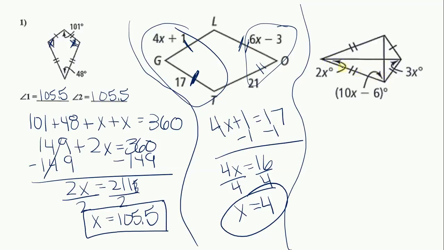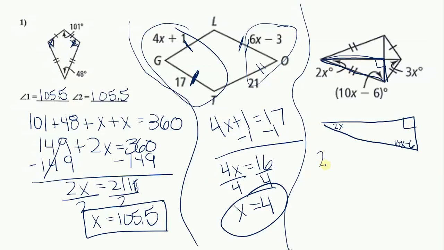Okay, so I have this smaller triangle right here, right? If I make that and blow it up here, I got 2x here, 10x minus 6. And remember, diagonals are perpendicular. So I have a right angle right here. I can actually find x because I have a triangle, and triangles have 180 degrees in them.